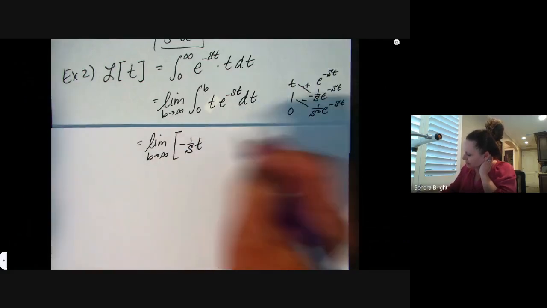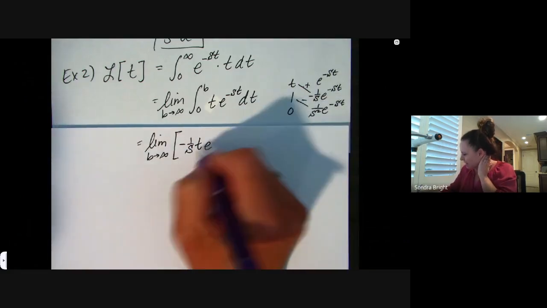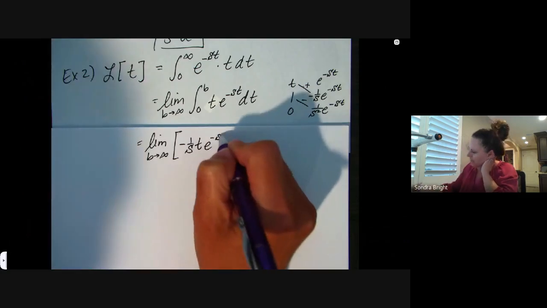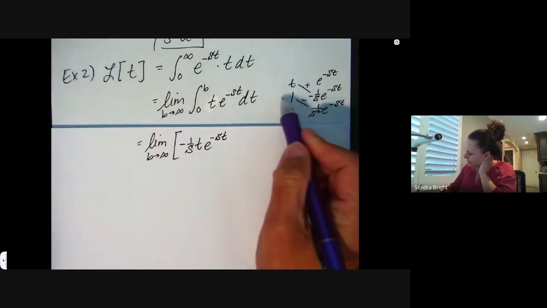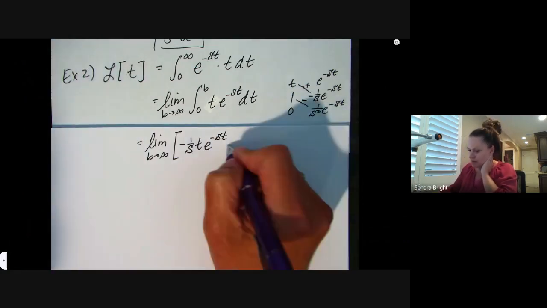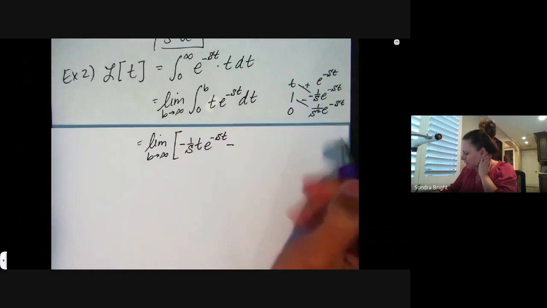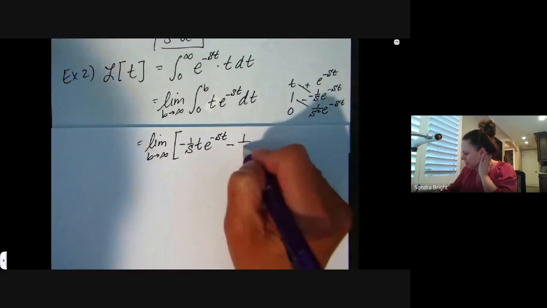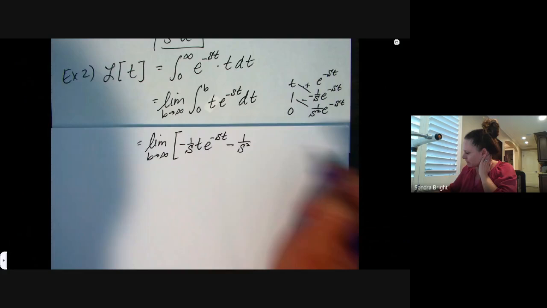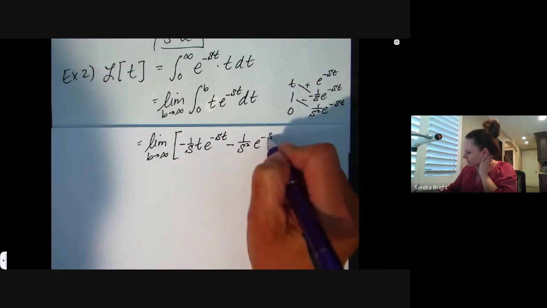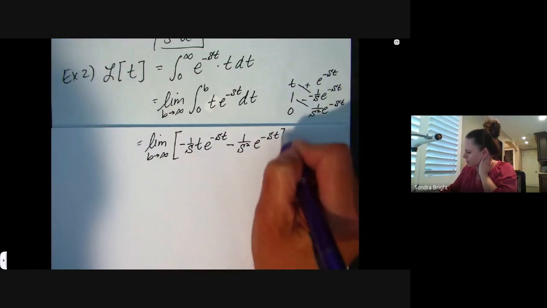T times e to the negative s t, and then minus 1 over s squared e to the negative s t. And we're going from 0 to b.